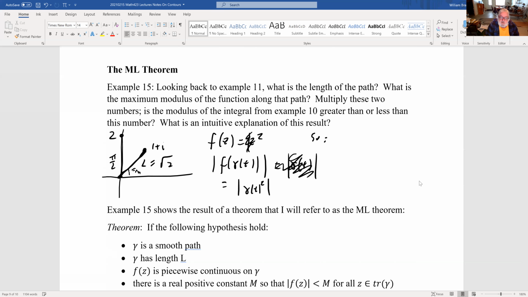So the integral along gamma of z squared dz, we want to be able to estimate how big that can be. And that's going to be less than or equal to the length, which is square root of 2, times the maximum of the modulus of the function on the path.